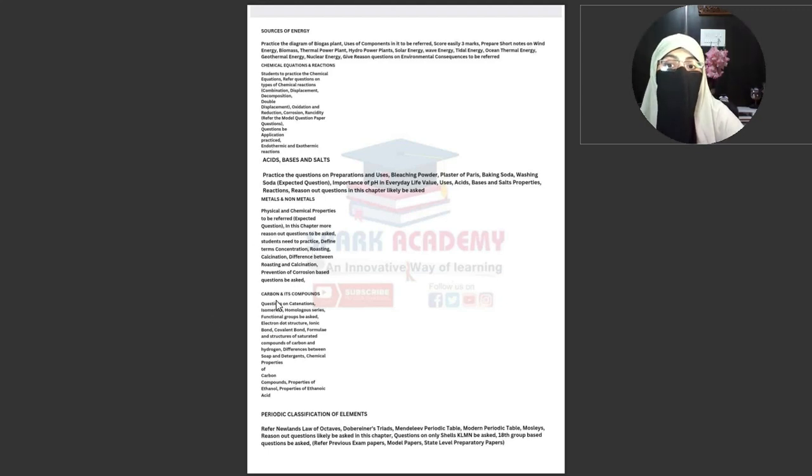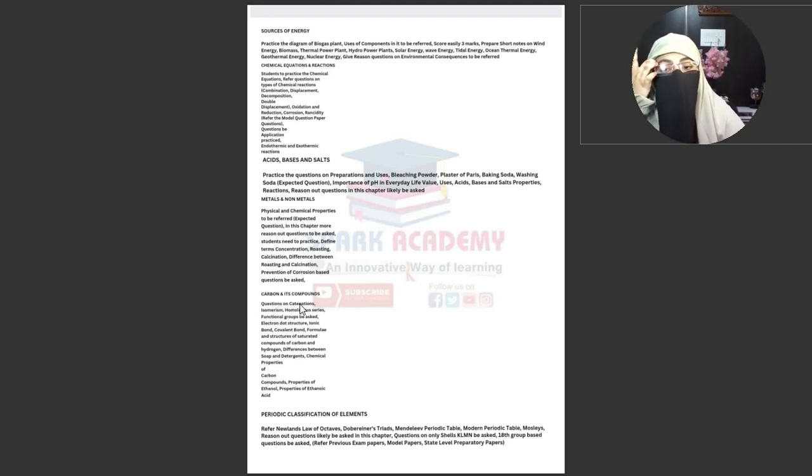Now coming on to carbon and its compounds. This is something students tend to skip, because there are so many new terms associated with this chapter, and it is basically pure organic chemistry.